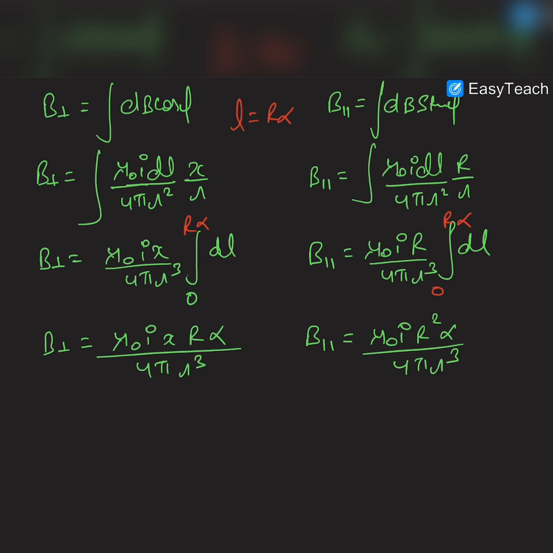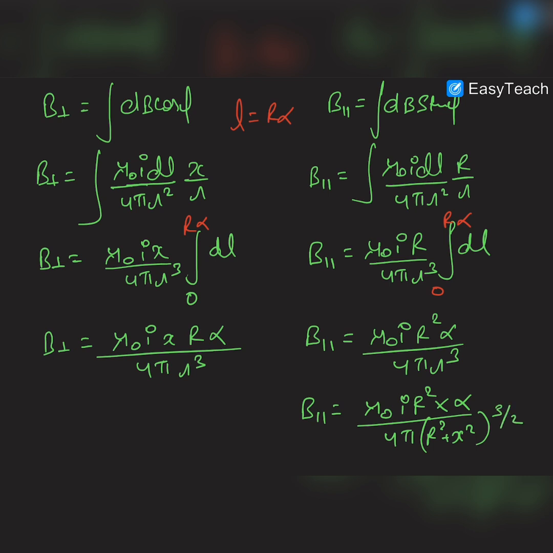Now you can see that this formula resembles the previous formula which we created, mu naught I R square by 4 pi r cube. You can substitute the value of alpha as 2 pi, and this will be the exact same formula which we created initially. B parallel is mu naught I R square alpha divided by 4 pi r cube, where small r can be written as (R square plus x square) to the power 3 by 2.